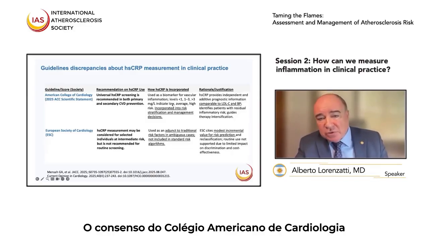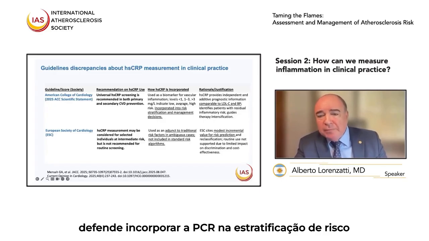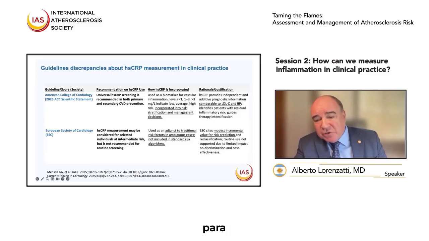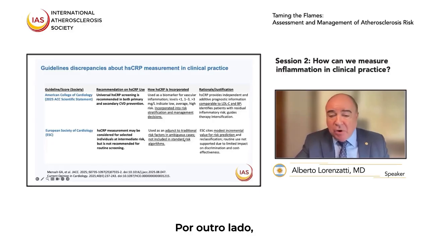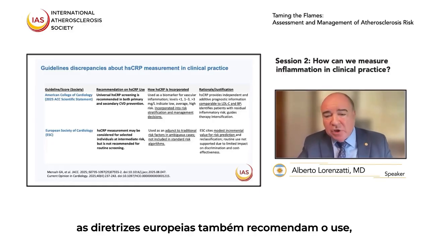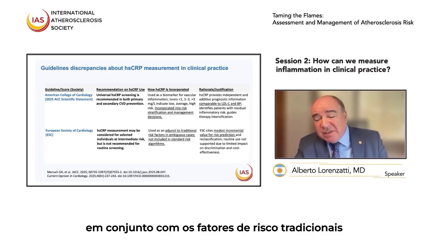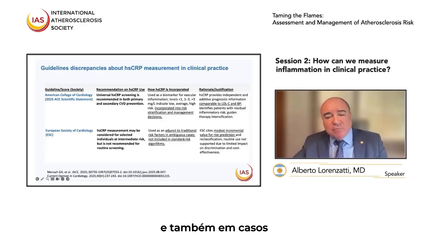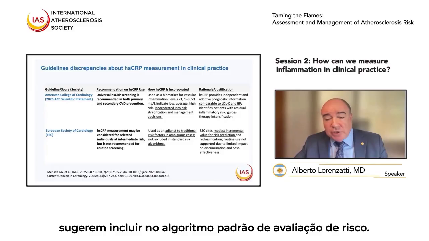The consensus of the American College of Cardiology incorporates CRP in the risk stratification, also to allow management decisions. On the contrary, the European guidelines consider it as an addition to the traditional risk factors and also in ambiguous cases, but they do not suggest including it in the standard risk algorithm.